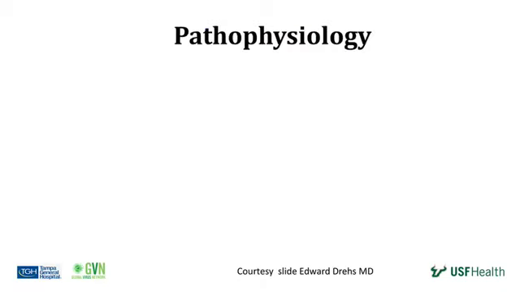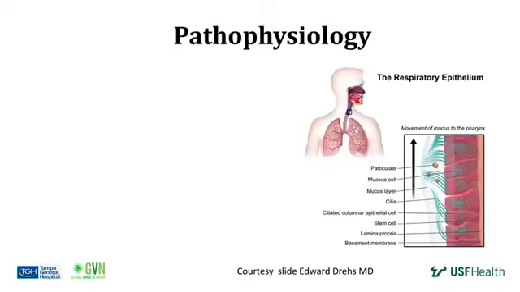So let's talk briefly about the pathophysiology of the SARS coronavirus 2. This is a picture of the respiratory epithelium, and you can see the ciliated columnar epithelial cells here.